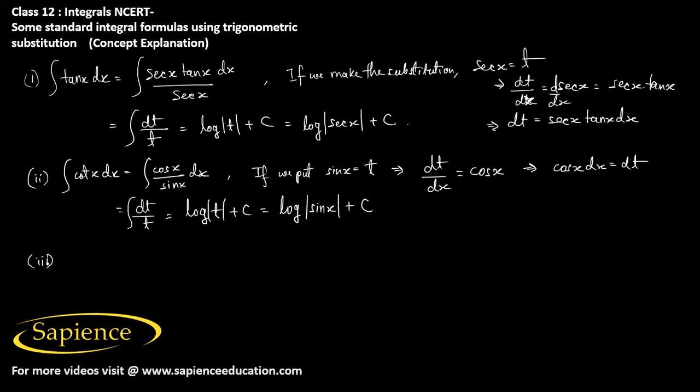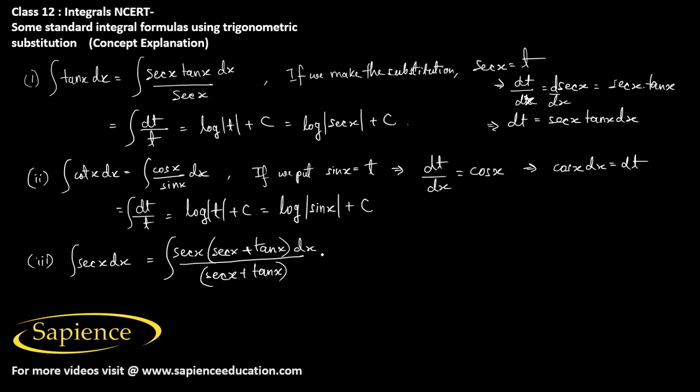And the third one, suppose we need to find the integral of sec x dx. So this sec x, I can write as sec x into sec x plus tan x dx divided by sec x plus tan x.